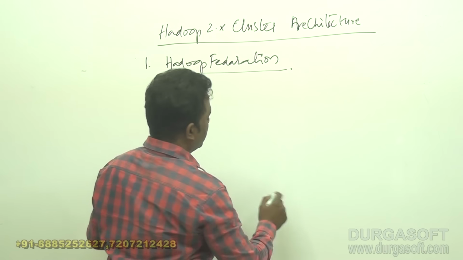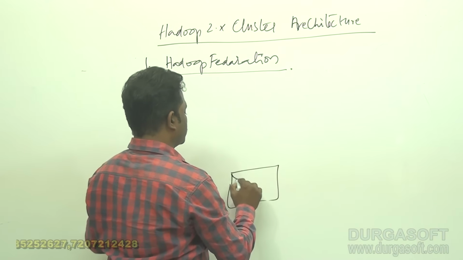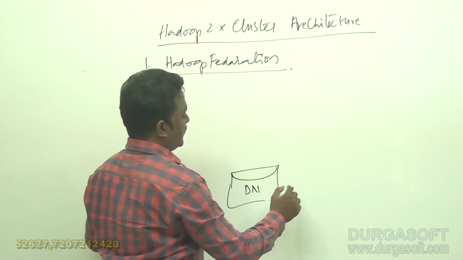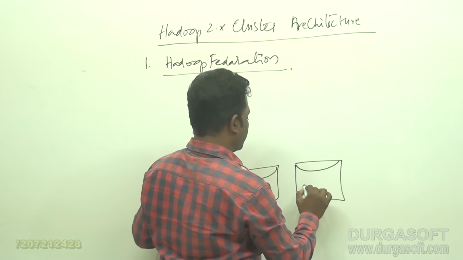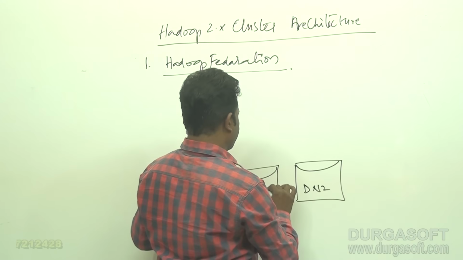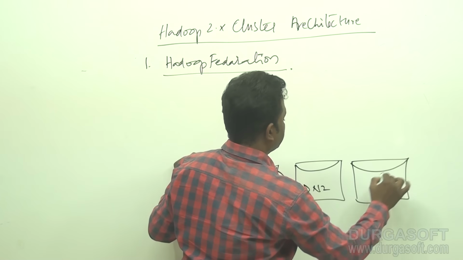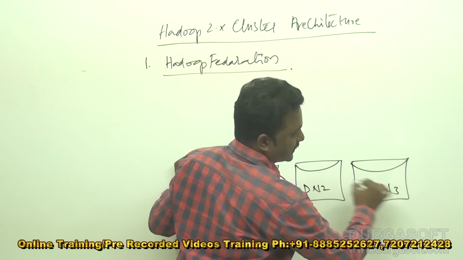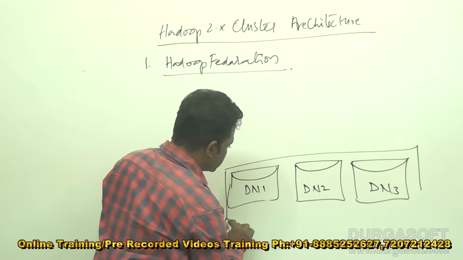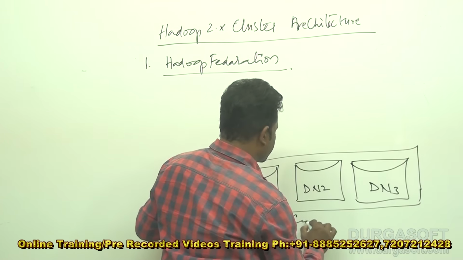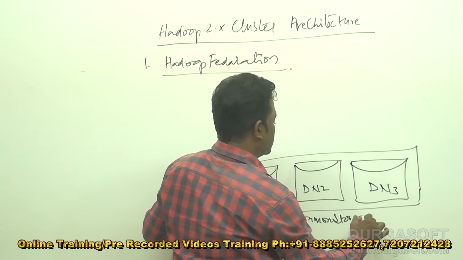If you have all the data nodes like this, data node 1, data node 2, and to make it a little easier, data node 3. Now this all together we can call common storage.